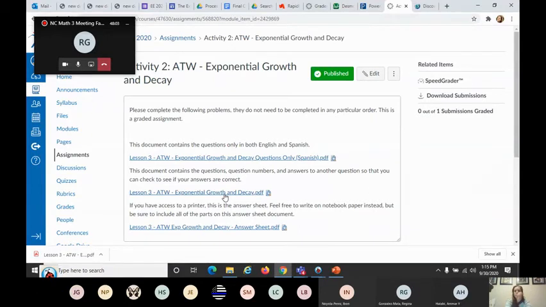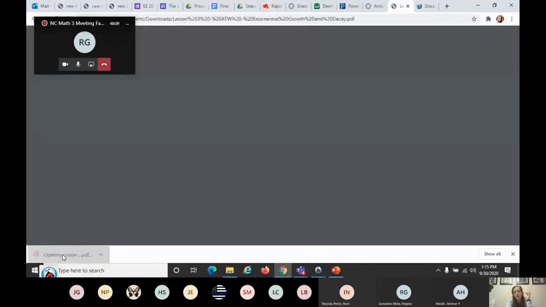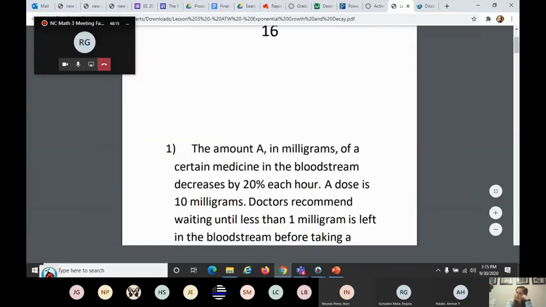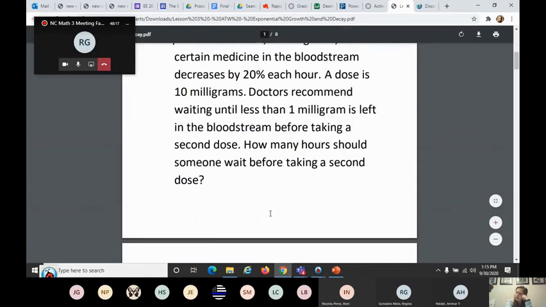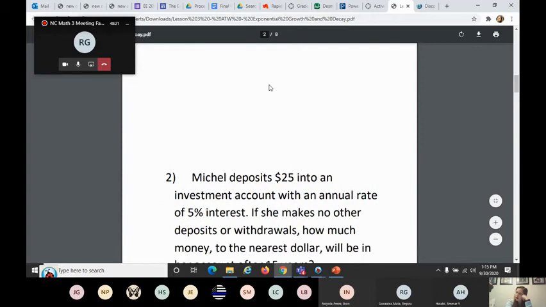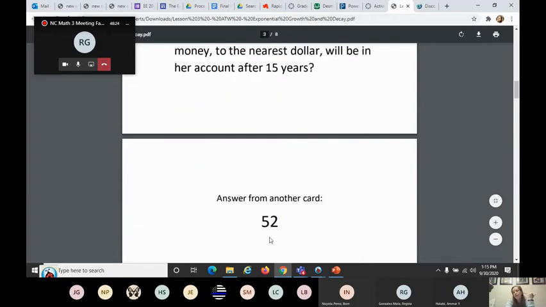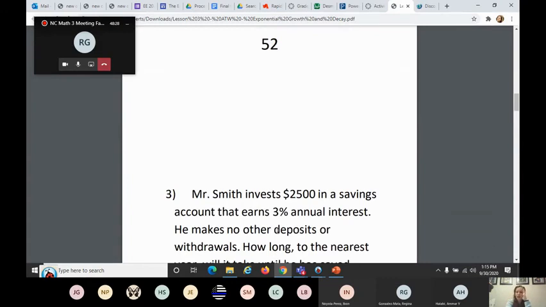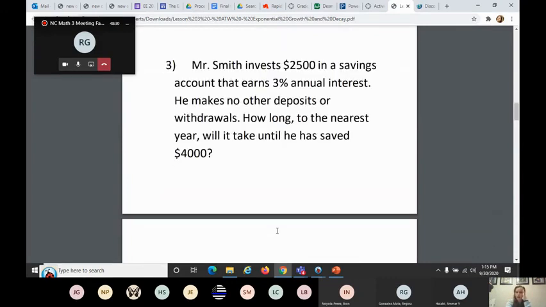I think the correct question numbers are also on the English-Spanish version. So that's this one. If you want to check your answers, you can do number 1 and then look through here and see if you find your answer at the top of a card. If you do not find your answer, then you have done the problem wrong.